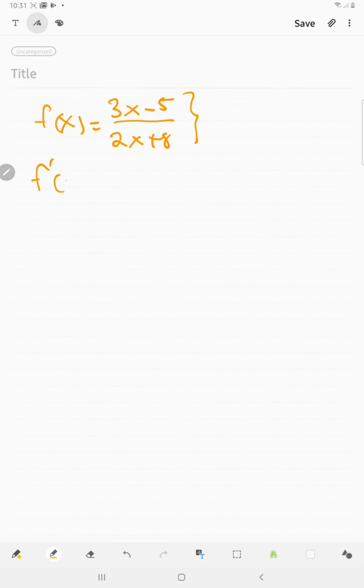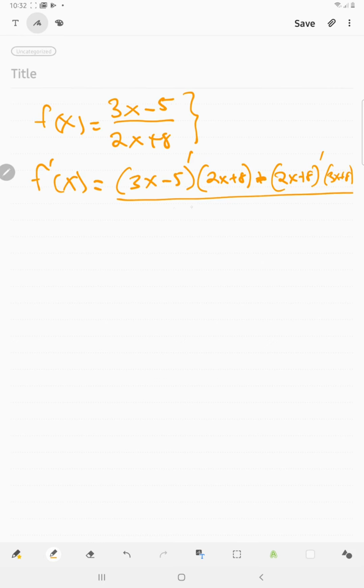F prime for this is equal to bracket (3x minus 5) prime times (2x plus 8), then I subtract (2x plus 8) prime times (3x minus 5), and thereafter I take this over (2x plus 8) squared.